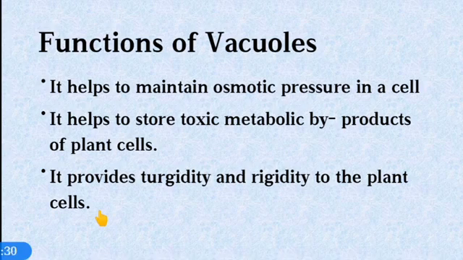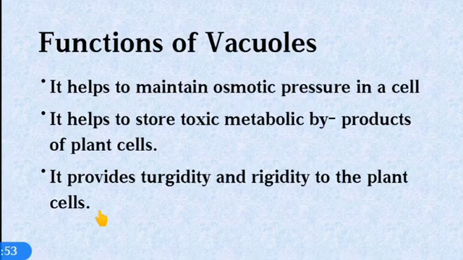Now we can differentiate between a plant cell and an animal cell based on the topics we have discussed in the previous classes. Because we studied the cell organelles, we can easily differentiate.